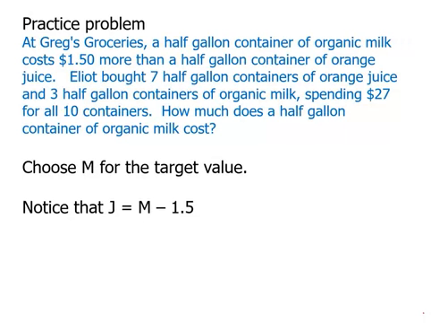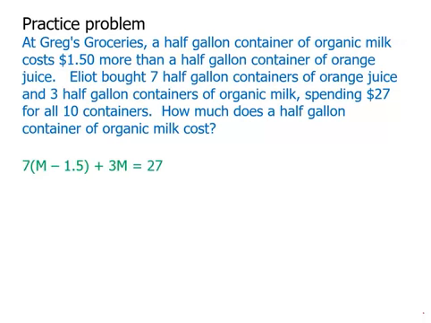And so everywhere where I would have a J, I can just substitute M minus 1.5, and I can write everything in terms of M. So the total price would be M, the price of milk, times 3, and then the price of juice times 7. And if we add up all those together, it should equal 27. So the price of juice times 7 plus the price of milk times 3 equals $27. So that's the single equation, and all we have to do now is solve that equation for M.